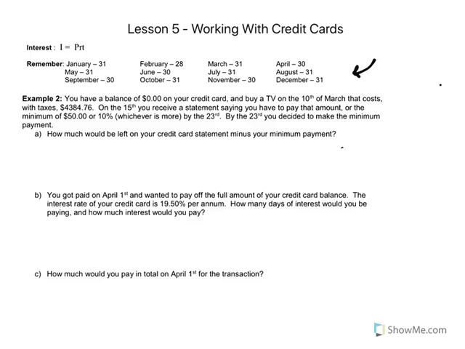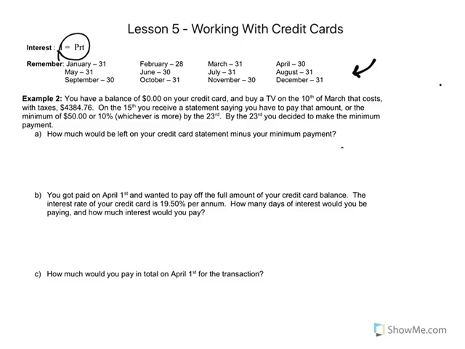Okay, so the way that a credit card works is they usually use compound interest, but for this course we're going to use simple interest just to make it a little bit easier. But you have a balance of $0 on your credit card. You buy a TV on the 10th of March that costs, with taxes, $4,384.76.